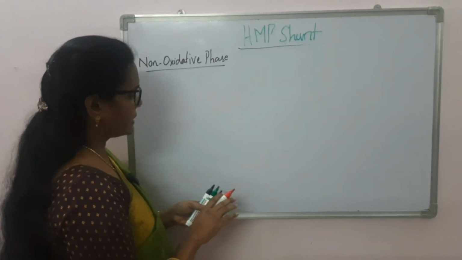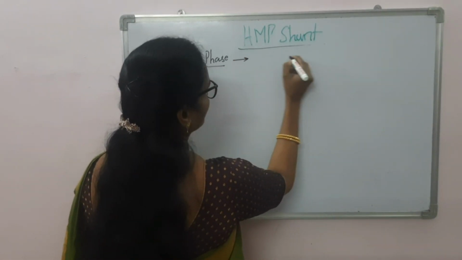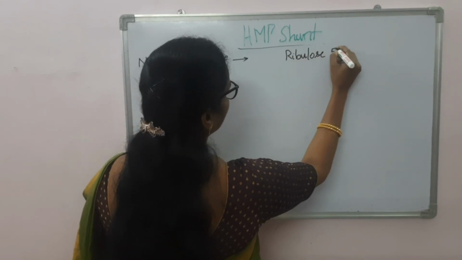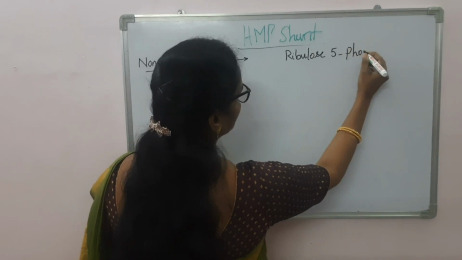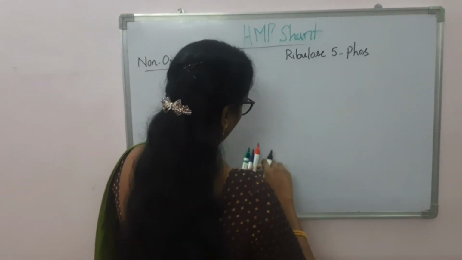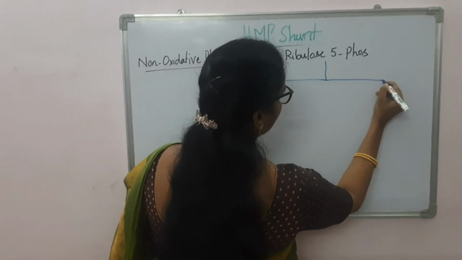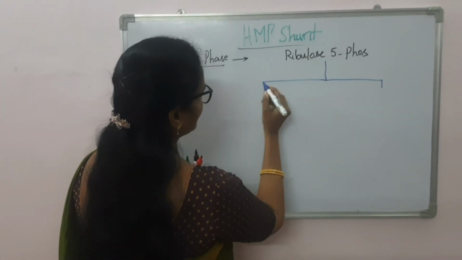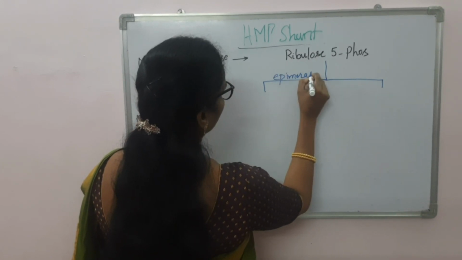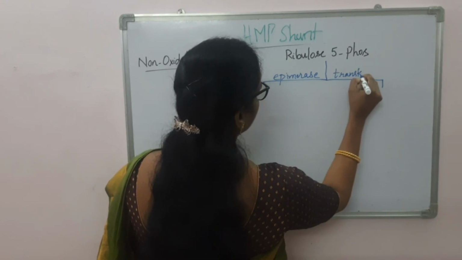Now we will see non-oxidative phase of HMP Shunt. Ribulose 5-phosphate, which is formed during oxidative phase, will continue in non-oxidative phase. Here, two enzymes can act on ribulose 5-phosphate. One is epimerase and another one is transketolase.